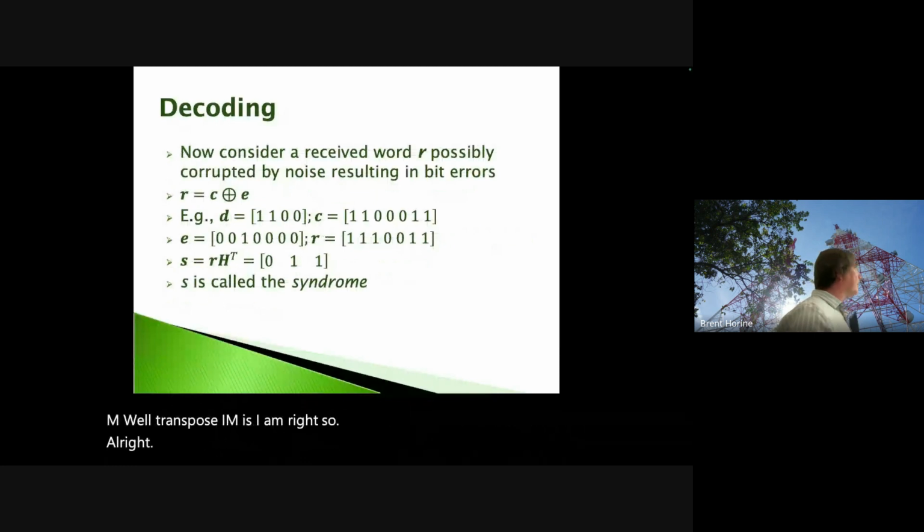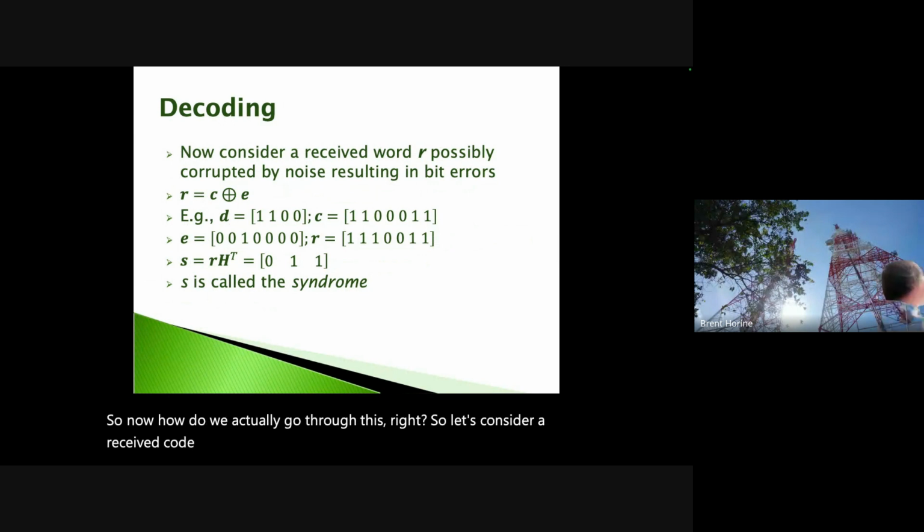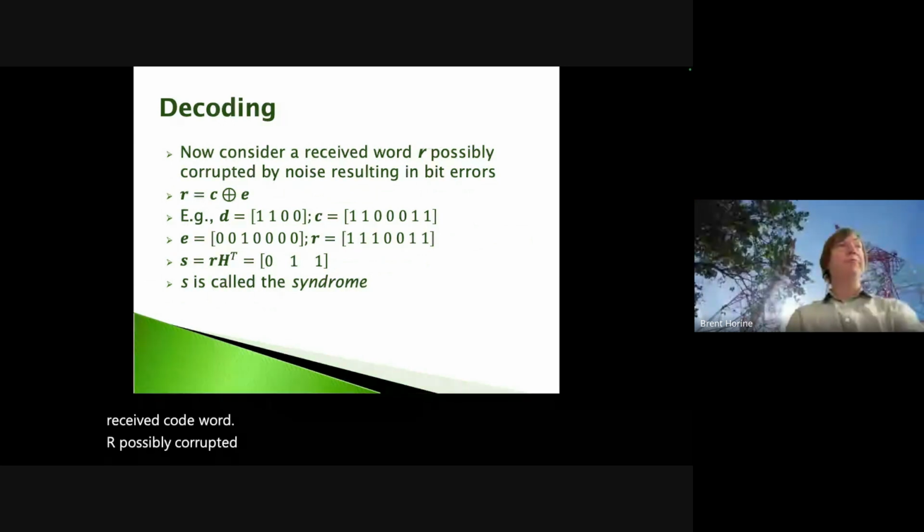So now how do we actually go through this? Let's consider a received code word R, possibly corrupted by noise resulting in bit errors.